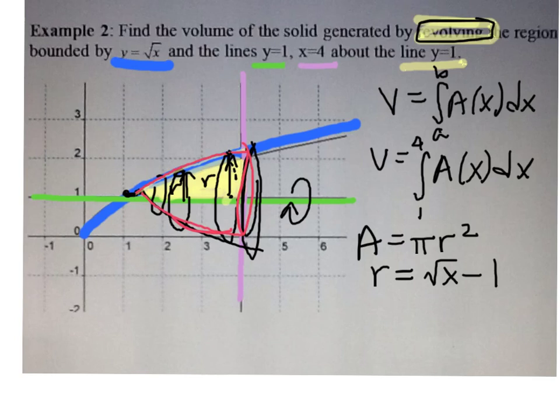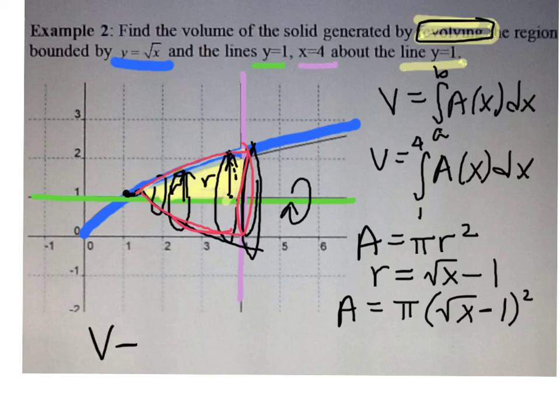This is a theme that we've been doing, finding areas the entire time. The trick here, though, is that your area formula now becomes pi times rad x minus 1, quantity squared. The 2 does not distribute. So just make sure that you don't try to distribute that 2 and say that that's x minus 1, because that's not going to work.